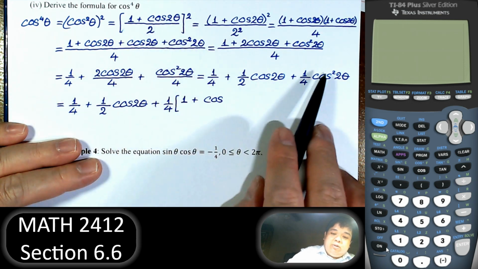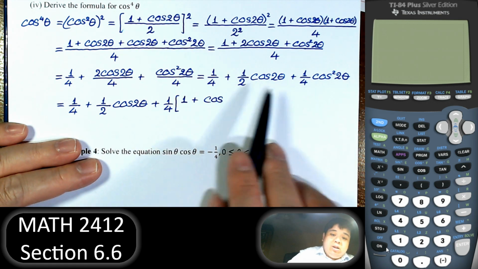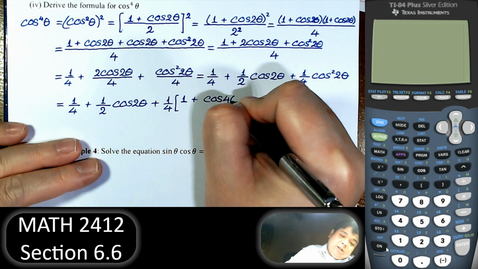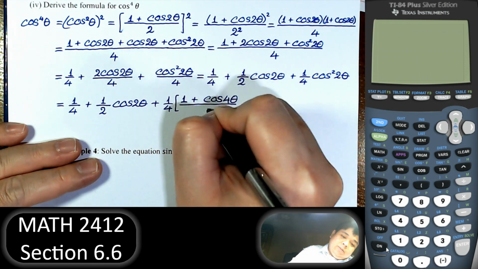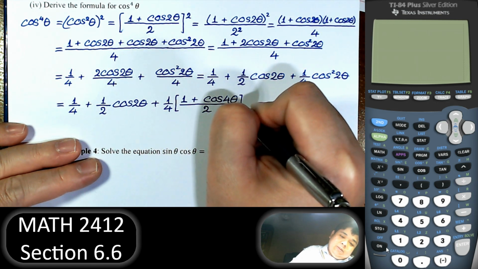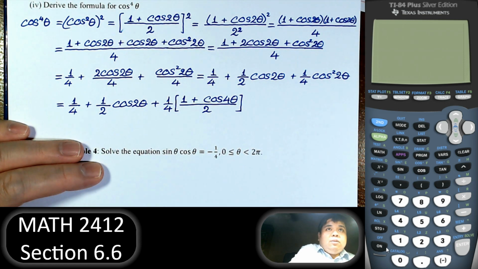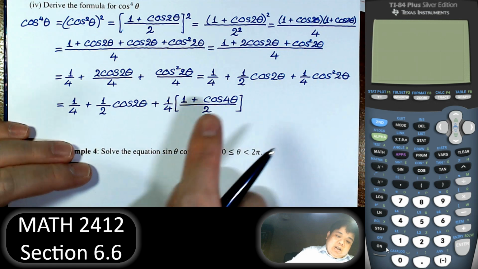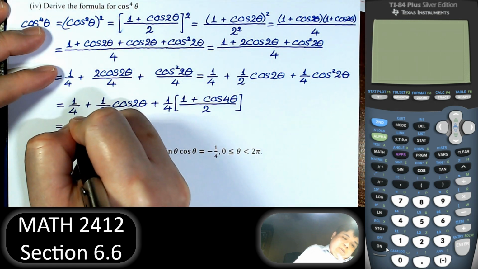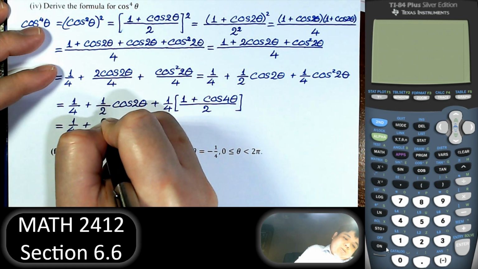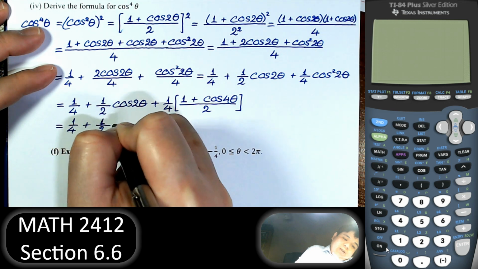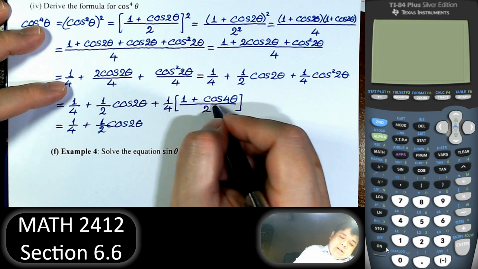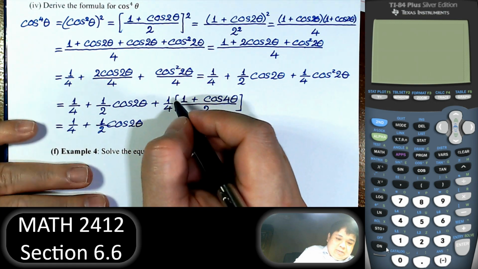So power reducing from a square to no power, but the angle has to be double. Here's 2 theta. We're going to double that. Now we can multiply straight across. We have 1/4 plus 1/2 cosine 2 theta, and that's over 8.